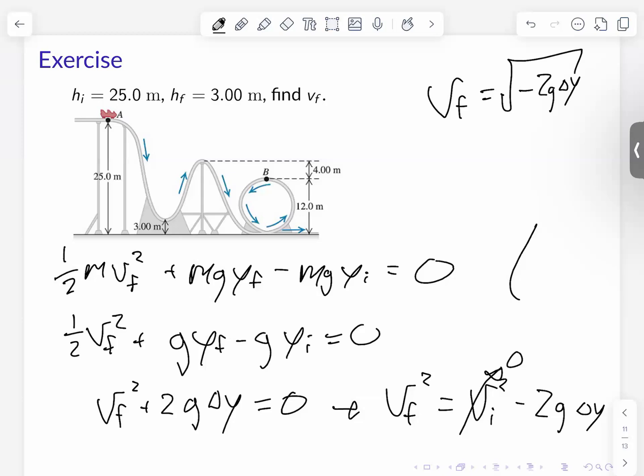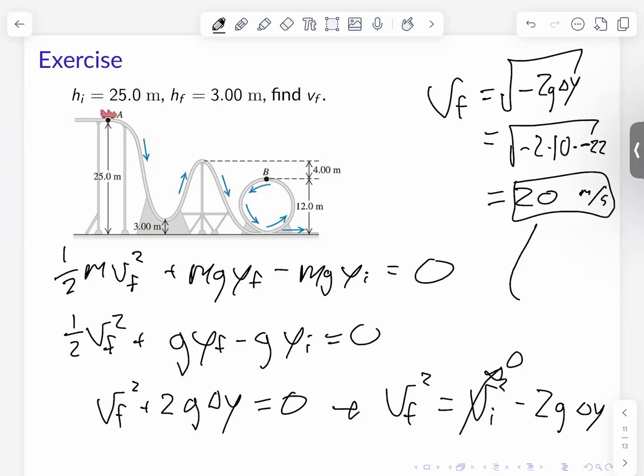Square root of negative 2g delta y. Delta y is negative 2 times 10 times, what is delta y here? Negative 22. You're going down by 22 meters. What's that become? 440. The square root of 440 is 20? Am I right? Bang.